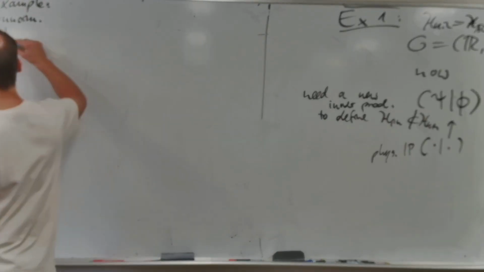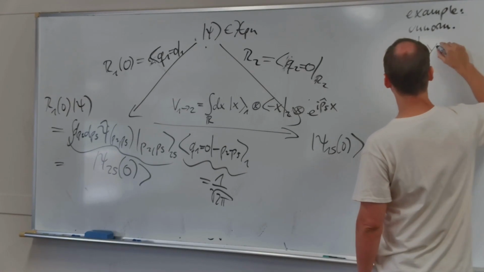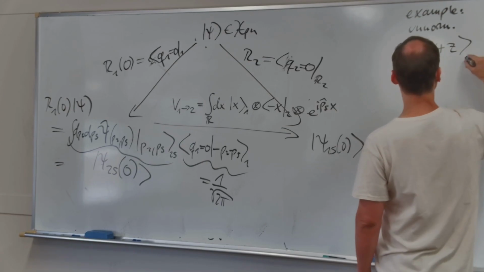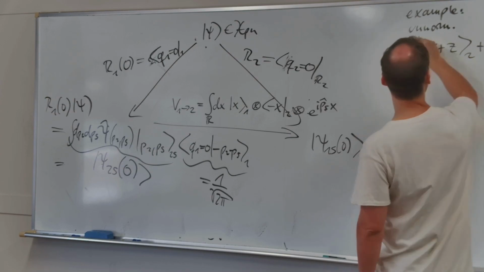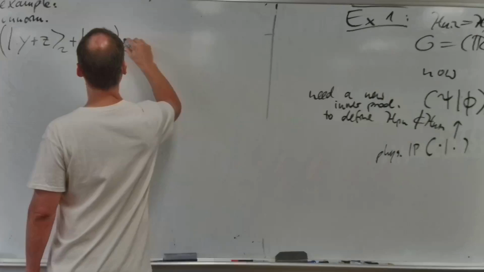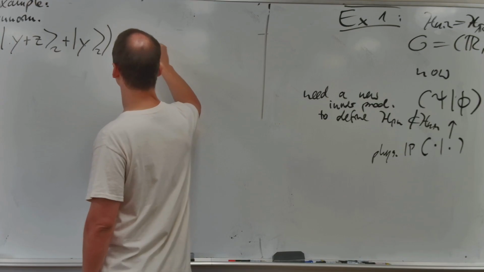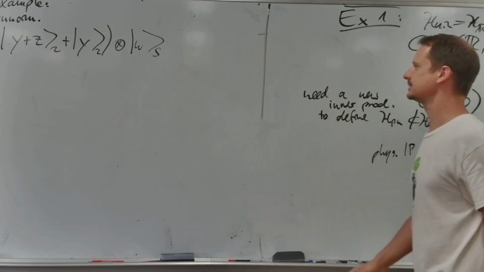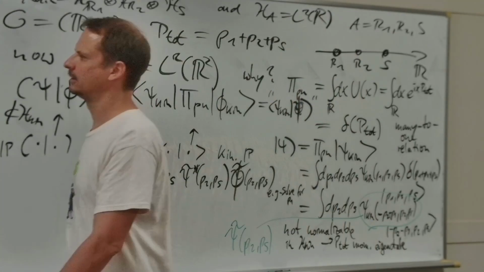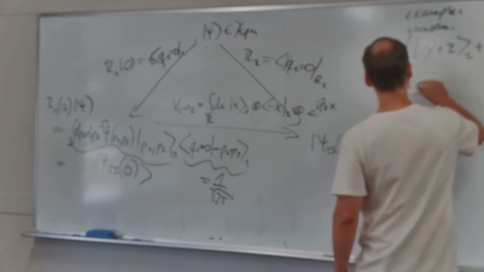Let's suppose the second reference frame is in some superposition of positions, and then the system particle could be in some other states, but also a positioning state. And then we can act with this U1 to 2 map on this.